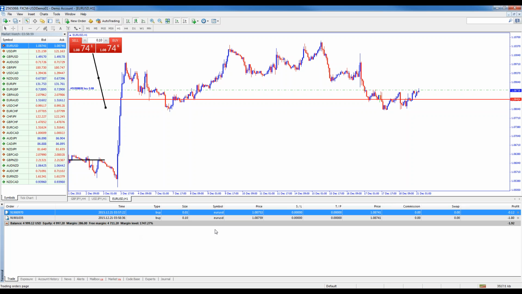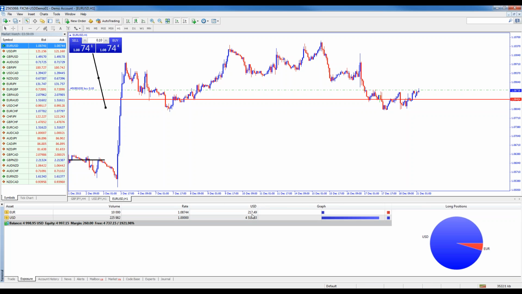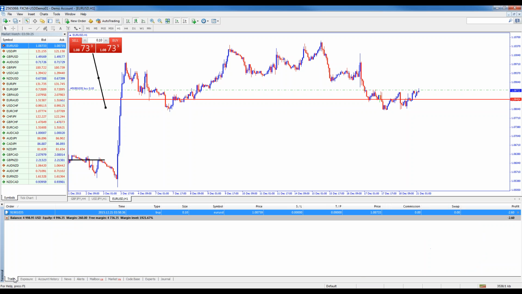Let's go back to the mini. With the mini, you are leveraging exposure, $217 on the standard lot. Now this is for FXCM. This is a 50 to 1 account. I'm sure if we did this with Trader's Way, it would be like 2 cents. But your volume is 10,000. So trade sizes are your mini, your micro, and your standard.